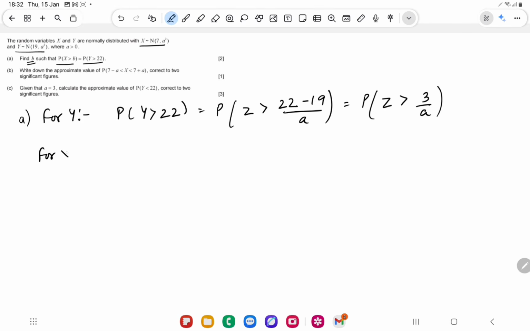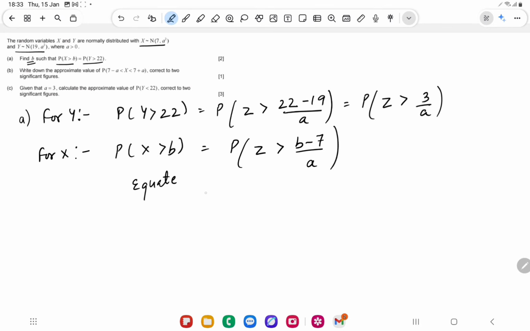Now for x, probability of x greater than b is nothing but probability of z greater than (b minus 7) by a. Now if I equate both the probabilities, b minus 7 by a is equals to 3 by a. A will get cancelled out and b will be equals to 10. So this is how I get my b value.